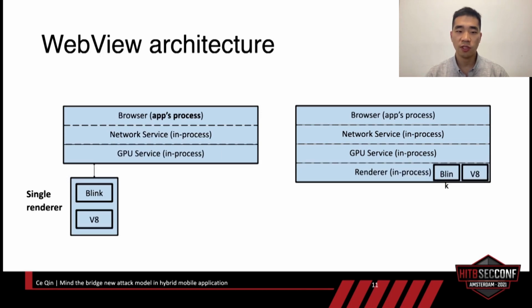WebView runs services in the browser process as Chrome for Android does, and it only has a single renderer. And before Android 9.8, it runs in the app's process. Even nowadays, it is the default situation for most vendors.